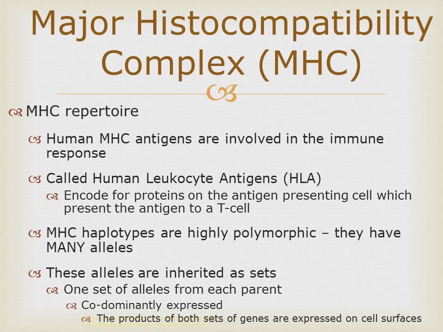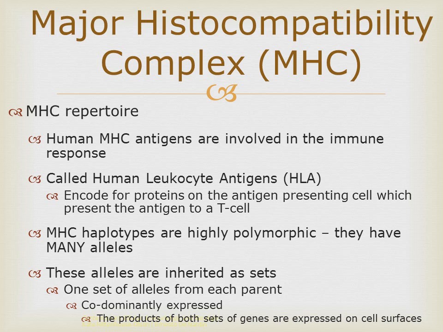The human MHC antigens are involved in the immune response. They're also called the human leukocyte antigens because they are found on white cells. They encode for proteins on the antigen presenting cell, and of course that's the cell which presents the antigen to an appropriate T cell.